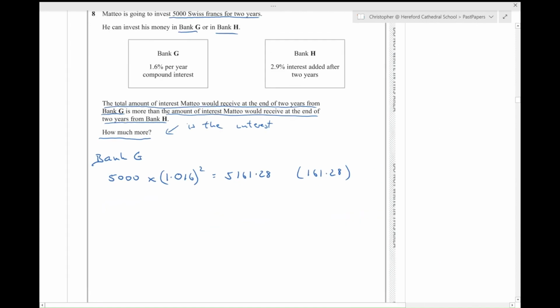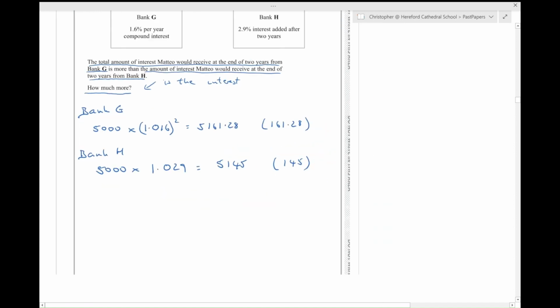Let's have a look at Bank H. With Bank H, you simply invest your money for those 2 years, 5,000 Swiss francs, and you just get a one-off payment of 2.9% interest. So after that, he will have 5,145 Swiss francs. So the interest he's earned is 145.